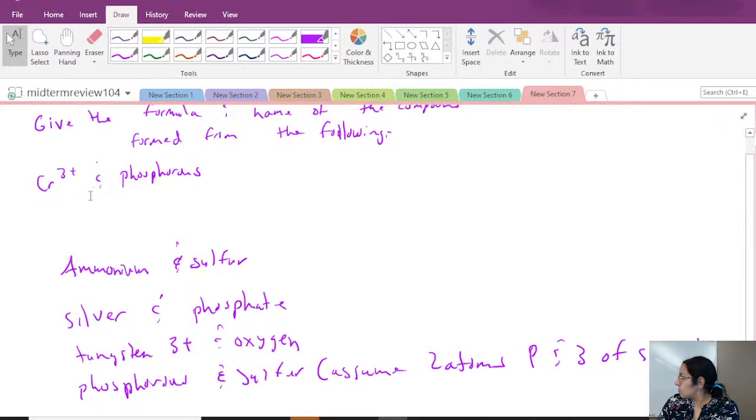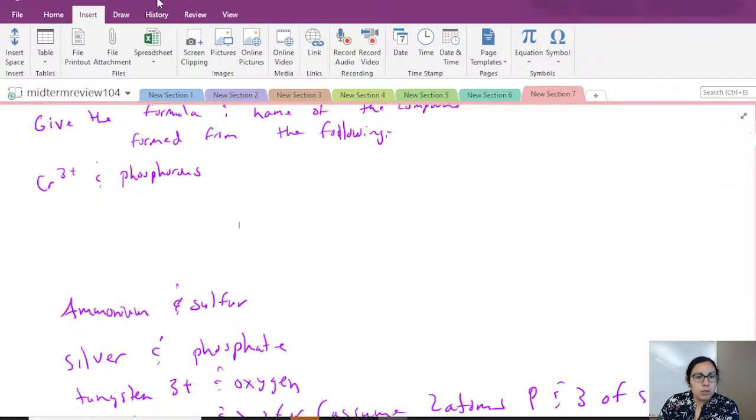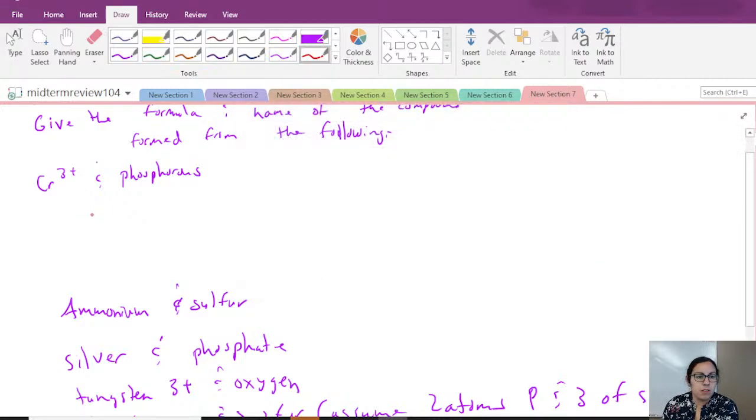So let's start with this chromium 3 plus and phosphorus. You can either give me the formula for it, or if you want to go ahead and name it, you can do that as well. So what do we get for this one? Anybody have a formula, or a name, either one?